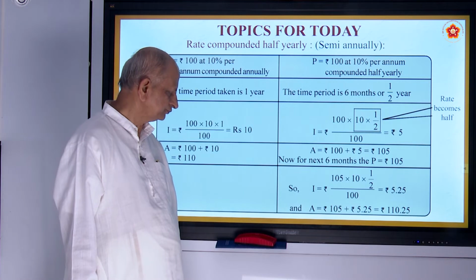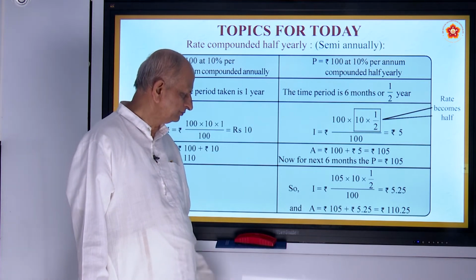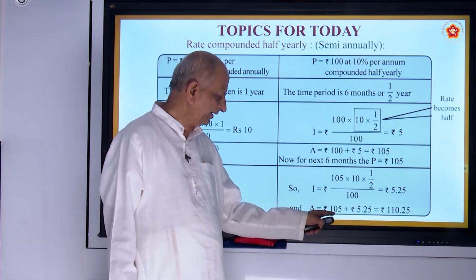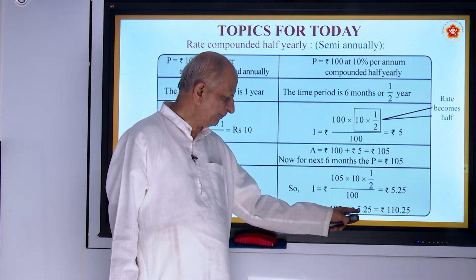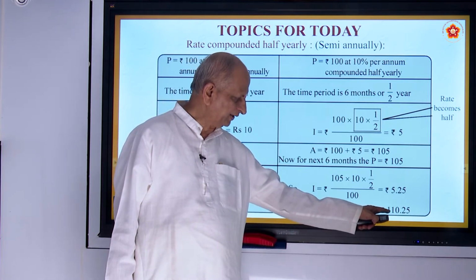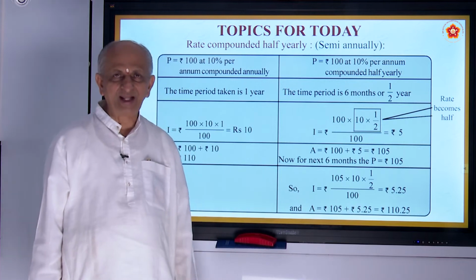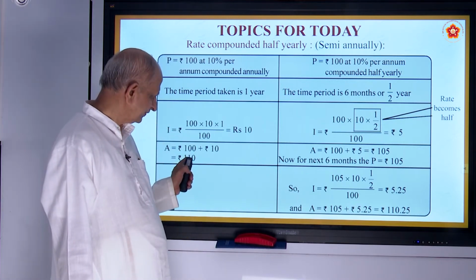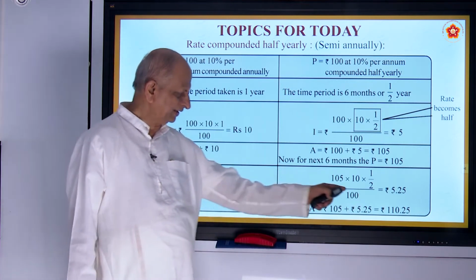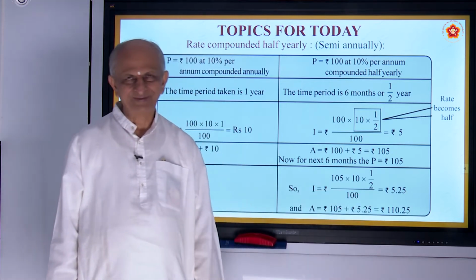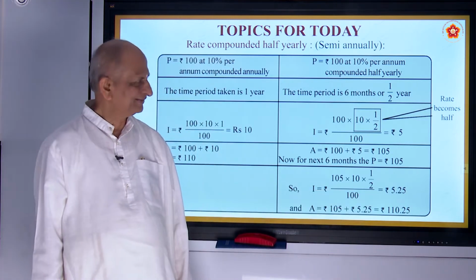Is it not? This 105 is the principal plus interest 5.25, you get 110.25. Is it more or less? This is 110, this is 110.25. So a little more.